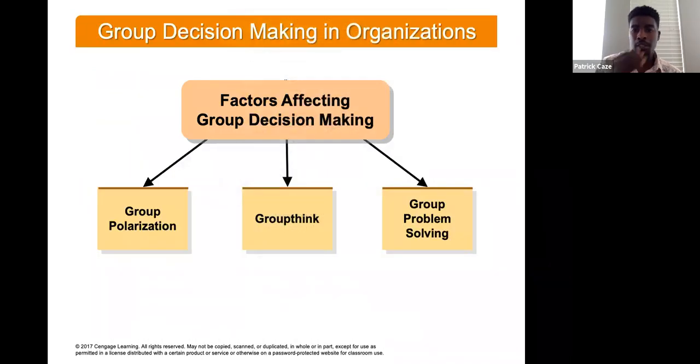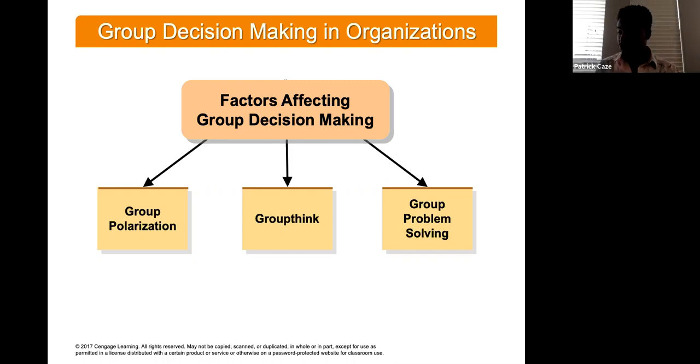All right. So another important aspect is group decision making. Okay, because you're never going to really make decisions on your own, not in the organization. For the most part, you will always have some kind of group dynamic or someone else that you have to confer with in order to make a decision or trying to make a decision final.